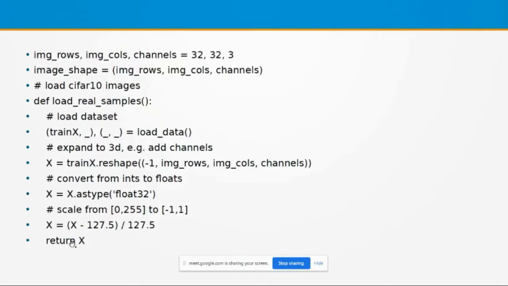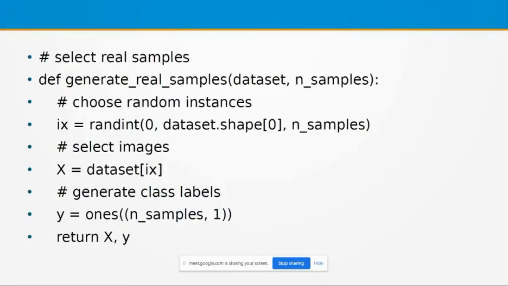Here we load the images, pre-process them, and after pre-processing we return the image dataset. Now the next task is to select real samples. In order to train the discriminator model, we need the information regarding the real samples and the fake samples. Then only the discriminator model is capable of identifying whether the supplied image is real or fake.